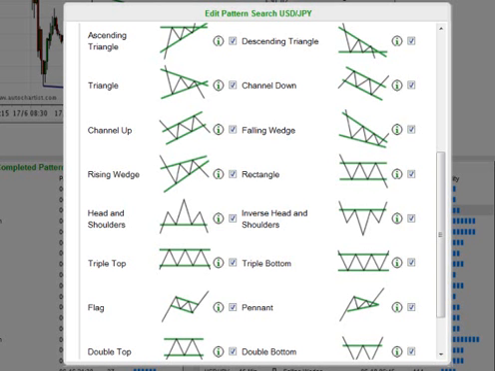So the trending chart patterns that Autochartist scans for are the channel down, the channel up, the falling wedge, and the rising wedge.